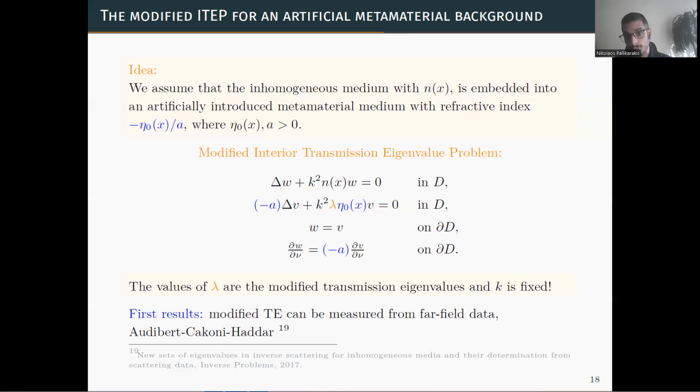And another problem that worries me is that, okay, if someone defines this problem with positive A, what about far-field patterns, far-field operators? Because if this new problem is defined, which is going to be like a conductivity problem with the Neumann condition, what happens with scattering? Because these eigenvalues should be proved to be measurable from scattering data, because if they're not, at least for applications, it won't be that interesting.